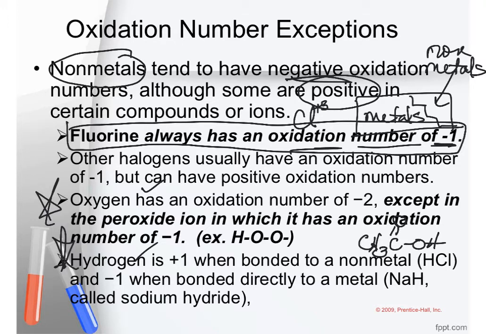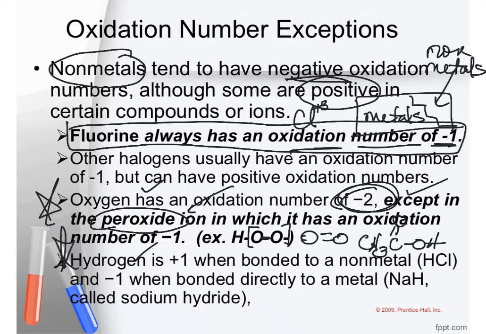Oxygen, 99% of the time or more, will have an oxidation number of -2. There is one exception, which I don't think you're going to encounter, but just so you're aware: when oxygen is involved in a peroxide bond, that's when there are 2 oxygens together, single bonded to each other. Remember, molecular oxygen is double bonded, so that's not it.